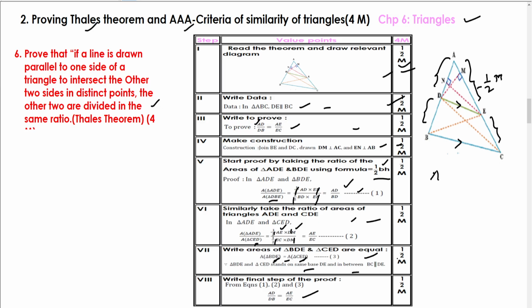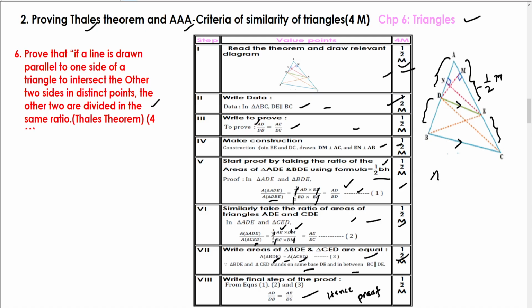They are the same. If you prove this, you will get half a mark. For writing this, half a mark, and the last part will be from equations 1 and 2. When the left hand side becomes the same, then the right hand side will be equal. Therefore, AD upon DB is equal to AE upon EC. Hence the proof. If you write this much in the exam, you will get full marks.